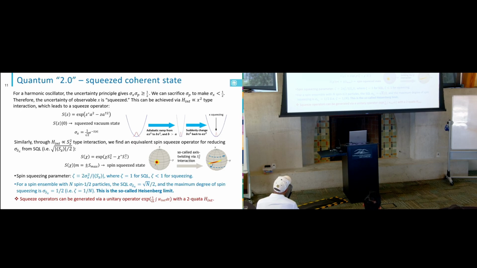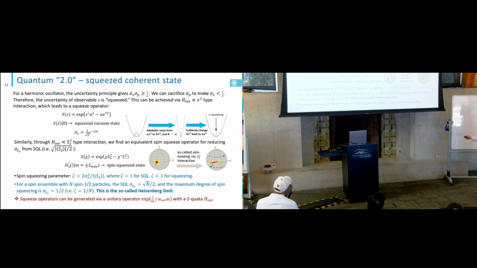The point is that you need to generate some kind of interaction which depends on a specific quantity squared. For example, for this one, it's basically just a position operator squared. And by doing this, you can generate the amplitude squeezed state.